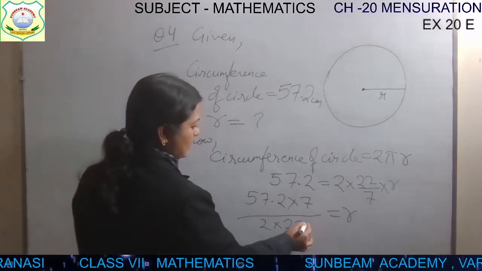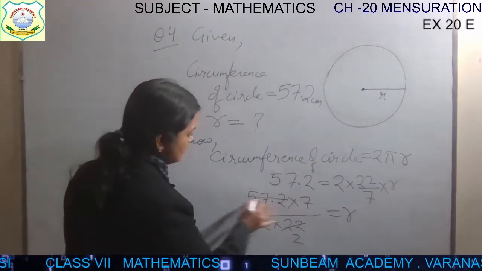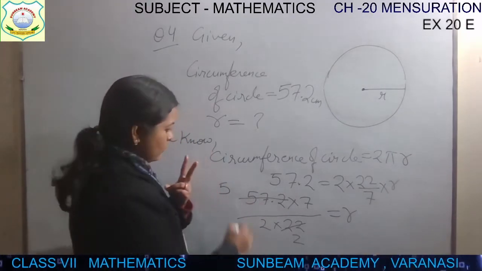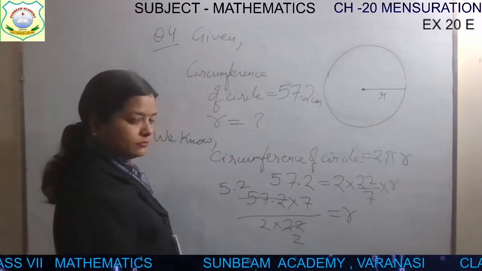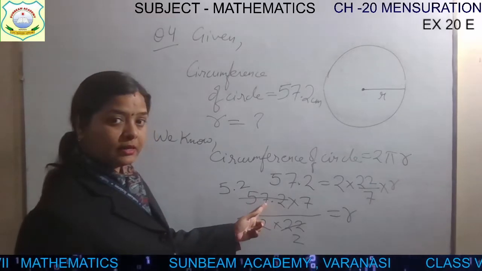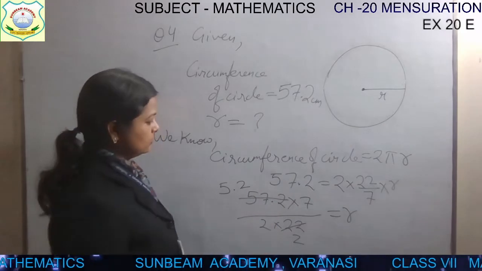11 2s are 22. 11 5s are 55. How much is left? 2. Then the decimal, and 11 2s are 22. So 5.2.